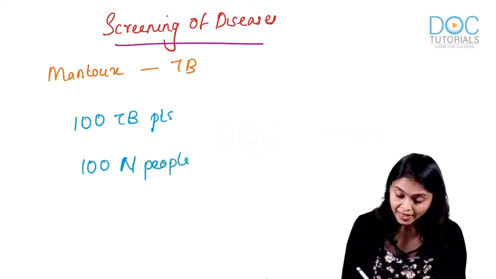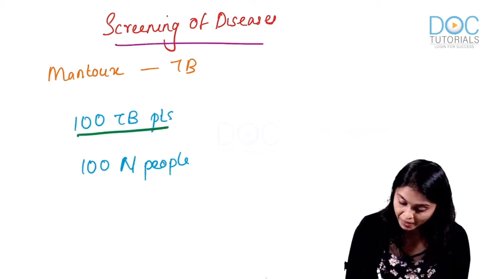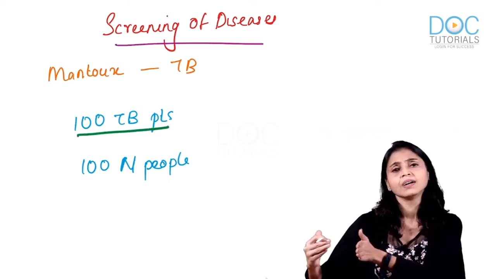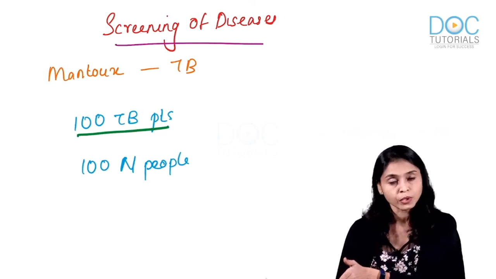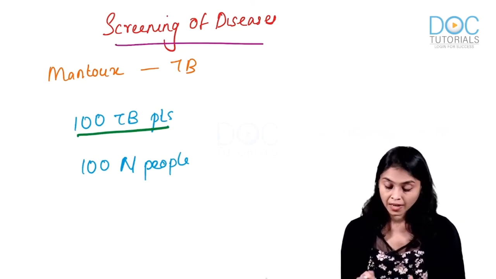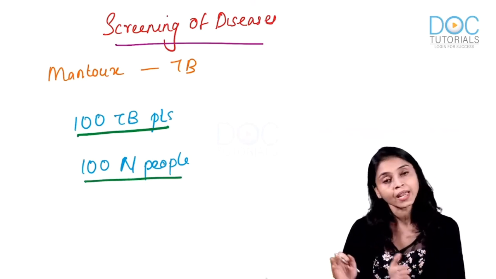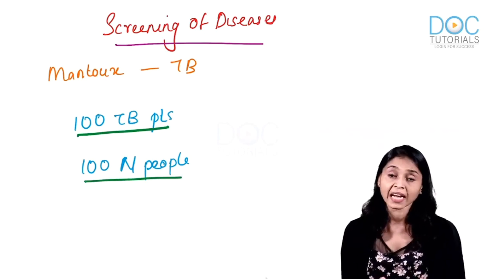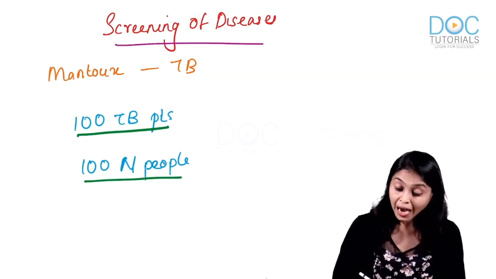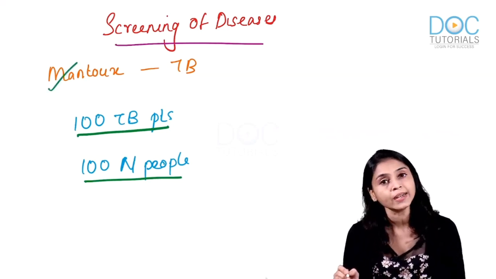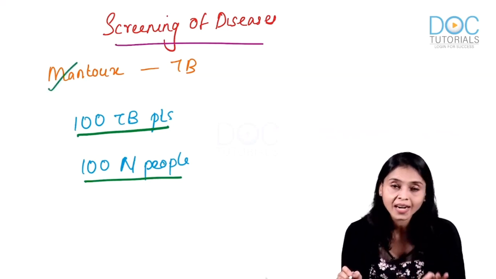So I have diagnosed these 100 to be having TB using a gold standard test, say NAT, nucleic acid amplification test. And I have diagnosed these 100 to be not having TB by a gold standard test. And I am now going to see how good is Mando in doing its job as a screening tool.